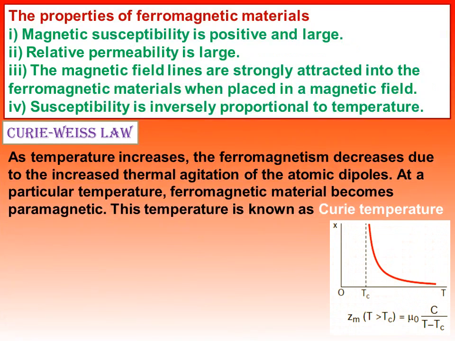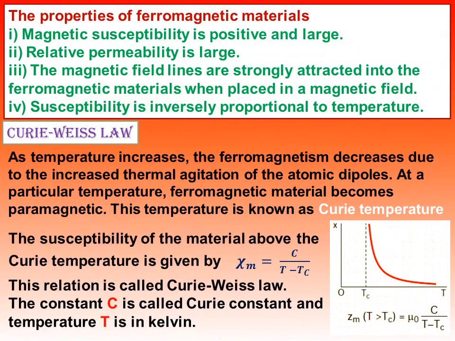Here I show one graph for your reference. In this graph you can see the susceptibility of a material above the Curie temperature is given by Xm is equal to C by T minus Tc. This is Xm and this is T. To find this we have to take T minus Tc, and this relation Xm is equal to C by T minus Tc is called Curie-Weiss law.